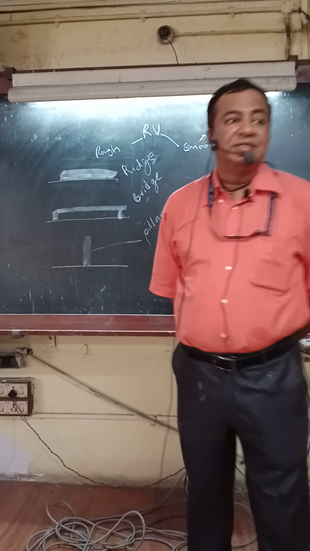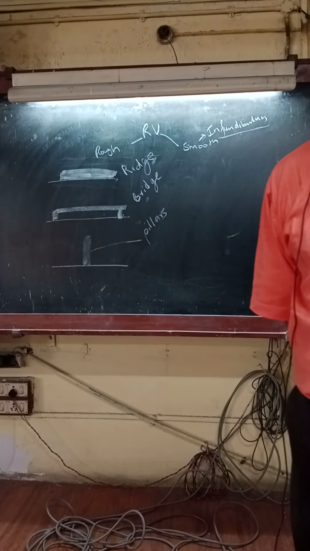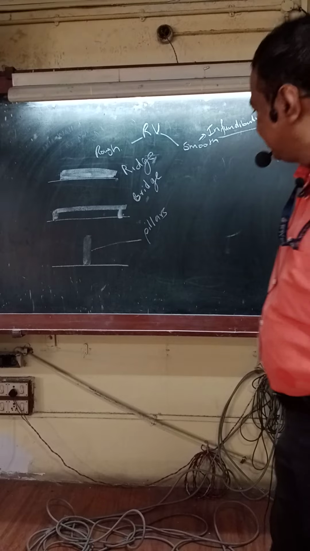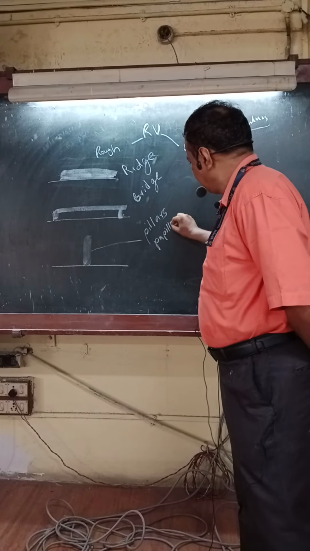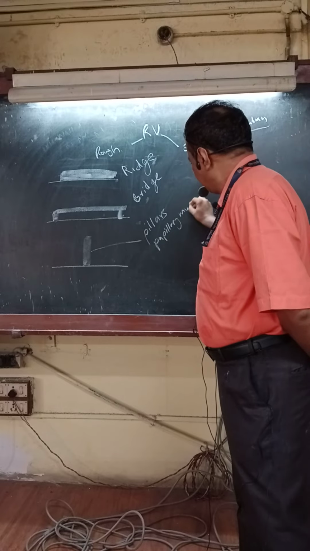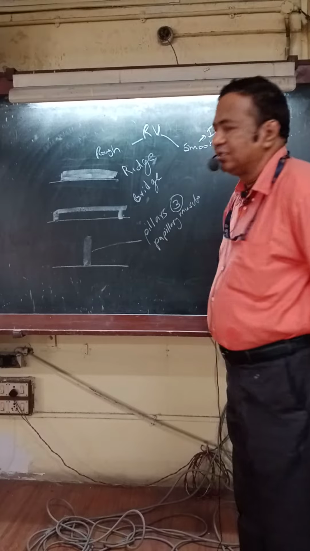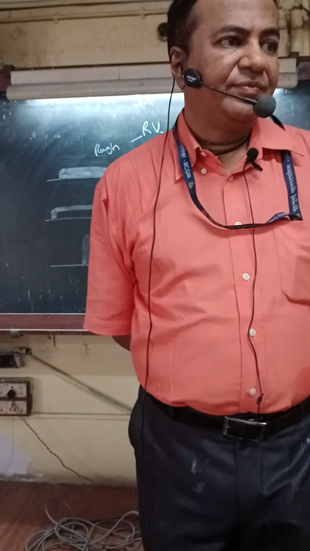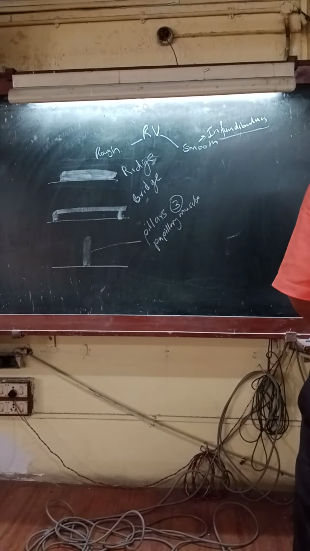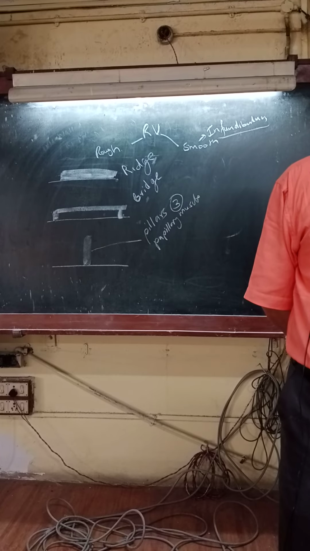It has three parts: ridges, bridges, and pillars. What are pillars? Papillary muscles. There are three papillary muscles in the right ventricle and two in the left ventricle.